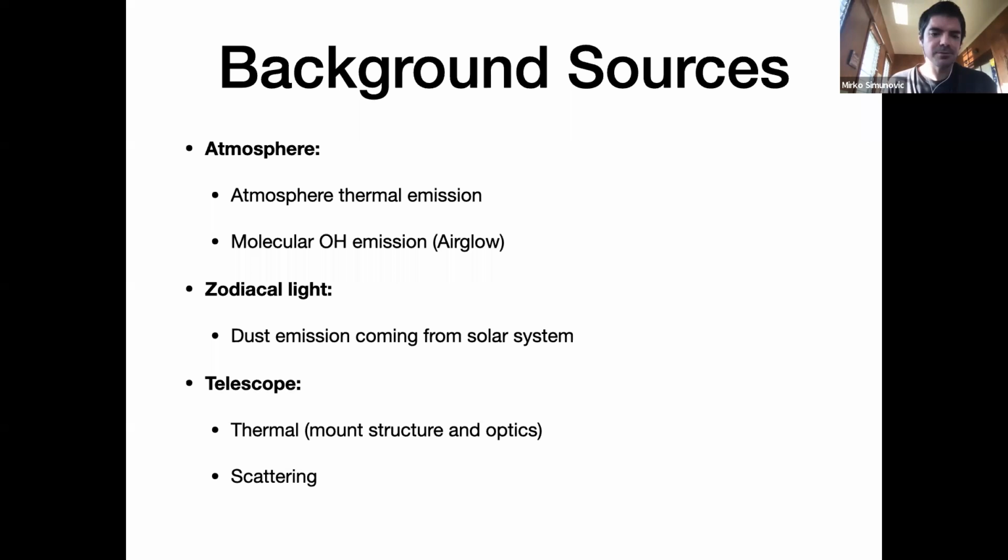Telescopes are not at absolute zero, so they also do thermal radiation. Everything in the telescope, the mount, the optics, absolutely every part of the telescope is also emitting. So there are background sources, there are background contaminations everywhere in the infrared. That's one of the reasons it makes it so complex.